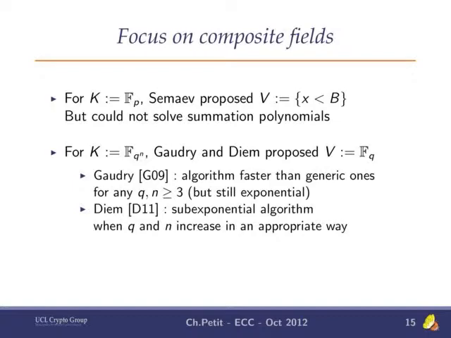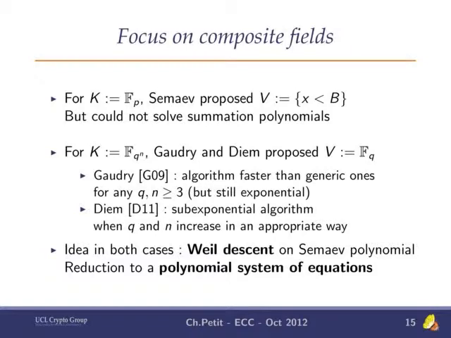In Gaudry's attack, the algorithm is faster than generic ones for any n larger than 3, but it's still exponential. Diem made a similar algorithm where he let q and n increase simultaneously, and he showed that in that case you get some sub-exponential complexity.